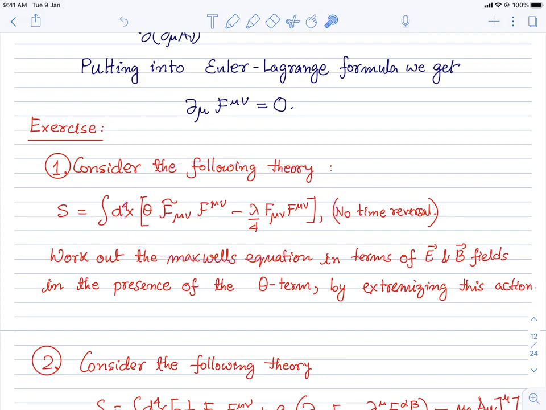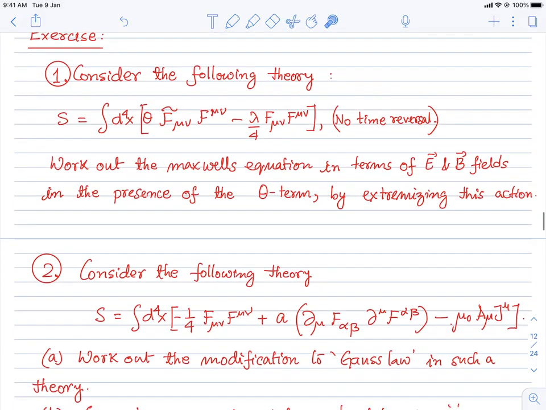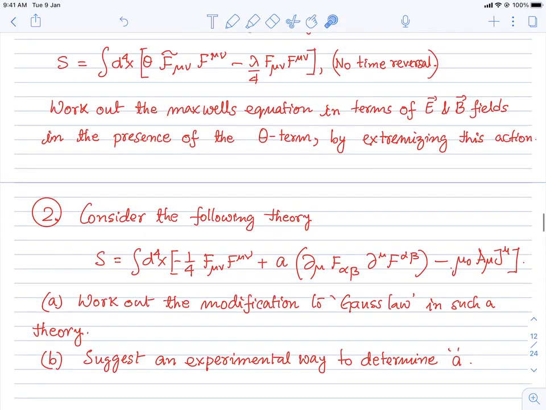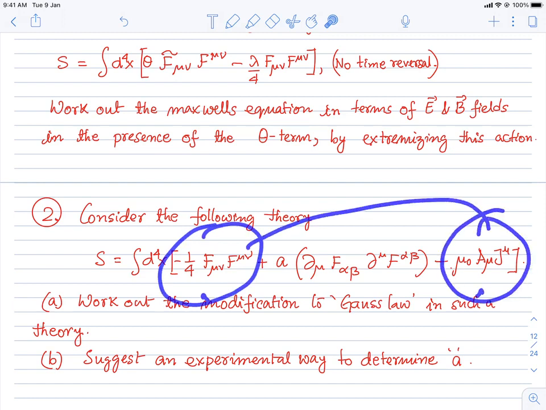Then the next thing I want you to look at is the following. These two terms give rise to the usual Maxwell theory.